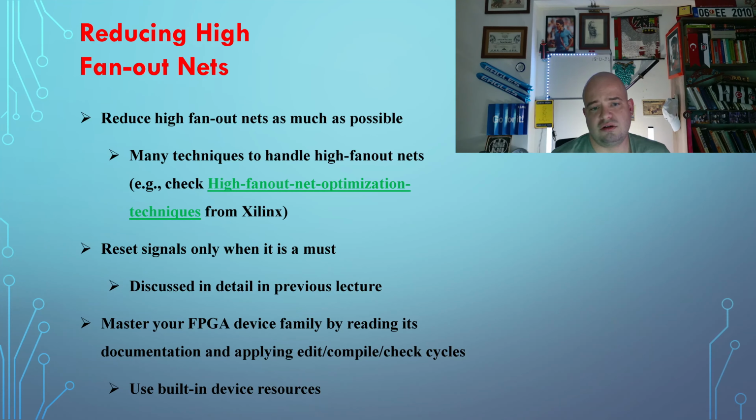There are many techniques actually to handle these high fan-out nets. I added a nice documentation from AMD Xilinx, high fan-out net optimization techniques. I will share the slides. You may check this web page. Also, there are similar ones from Altera, Intel Altera as well.